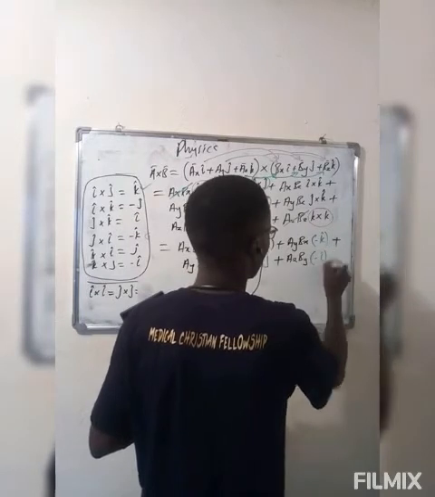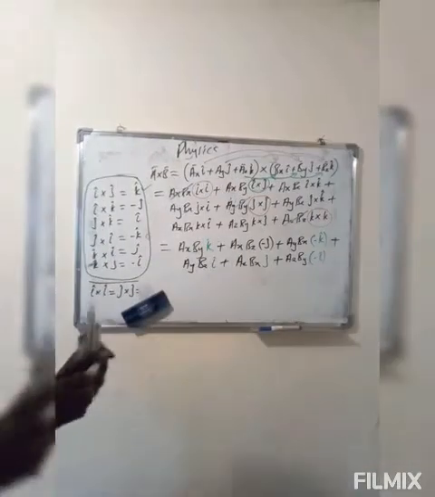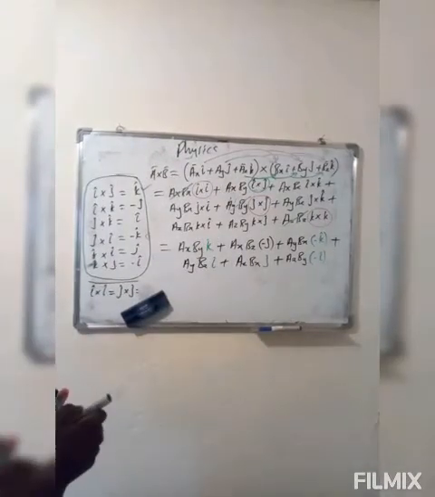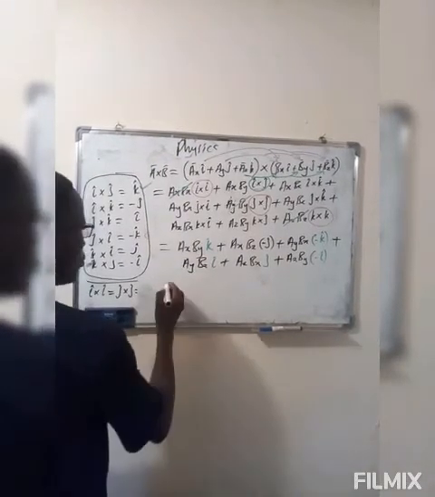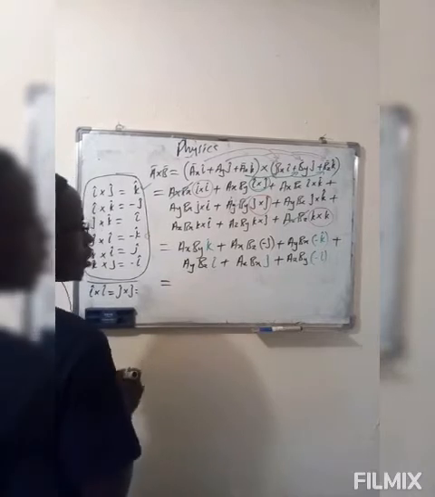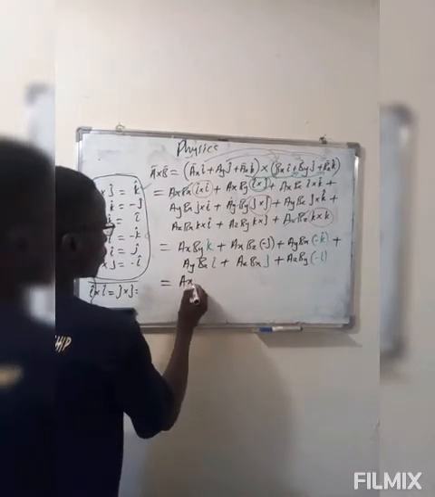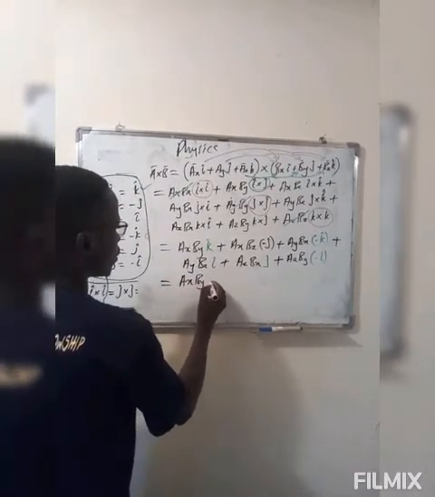Like that. Now, let's try to simplify it a little further, right? Let's try to simplify it a bit more. So this is going to be AX BY K, all right?